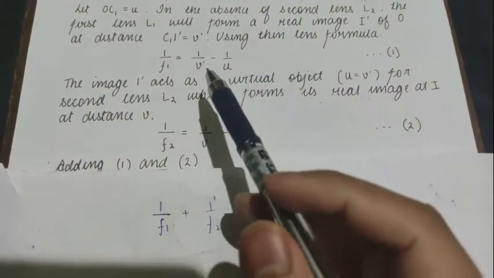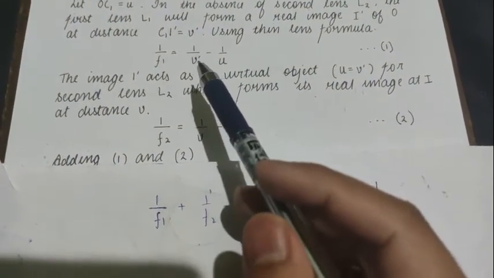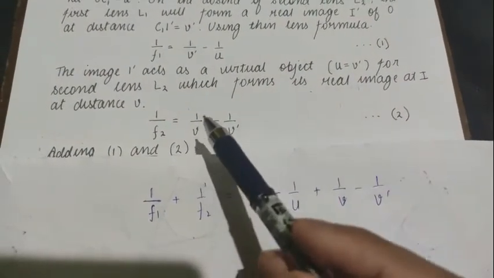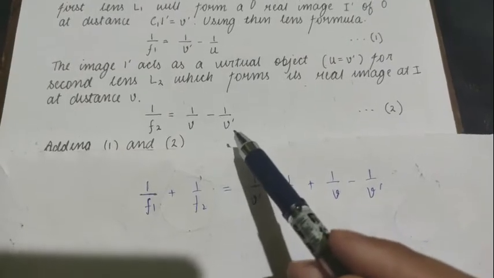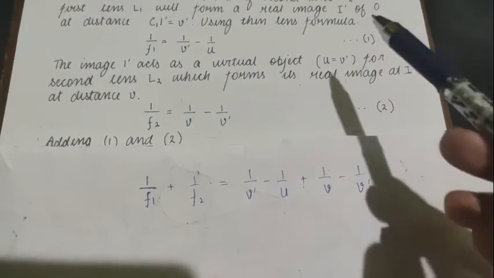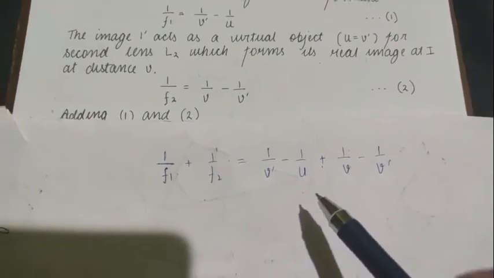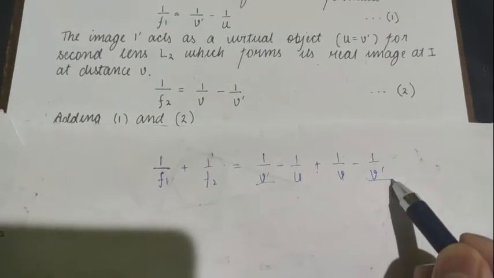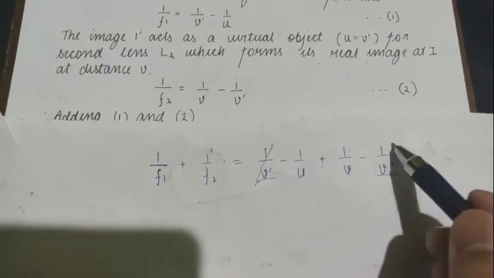On the other side of the equation, I have 1/(v') minus 1/u plus 1/v minus 1/(v'). I have added my equation 1 and equation 2. Now look here carefully. 1/(v') and 1/(v') are the same term, so I can cancel them out.